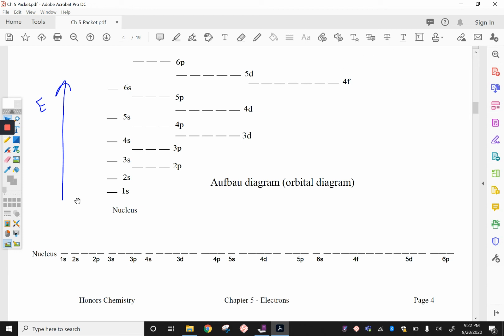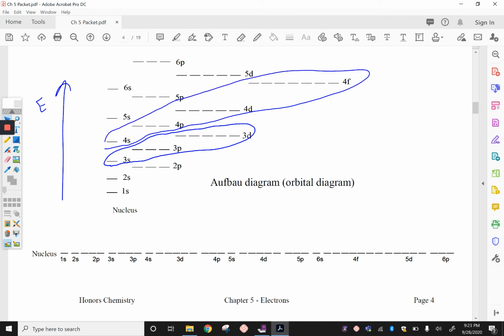I do want you to notice the order that you go: 1s, 2s, 2p, 3s, 3p, 4s, 3d, 4p, 5s, 4d. You'll notice that in general, the 3rd energy level is lower in energy than the 4th energy level, right?